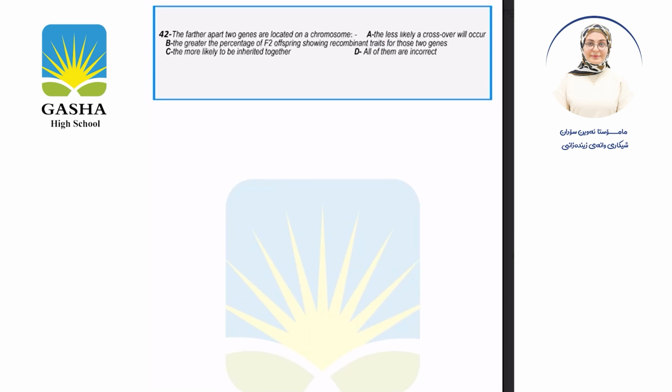Question 42. The farther apart 2 genes are located on a chromosome. It means how far the 2 genes are located on the same chromosome, and the property that they have. How is it if they are near, and how is it if they are far? This one is asking about the far one. A, the less likely a crossover will occur.